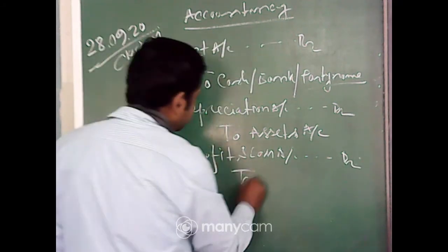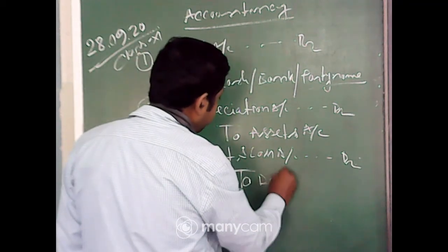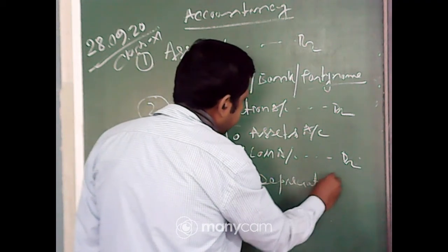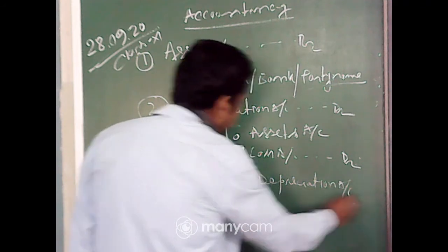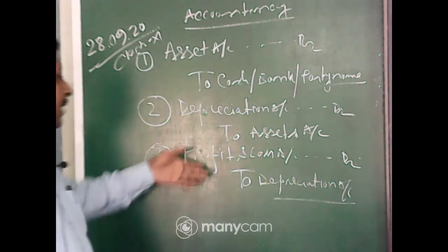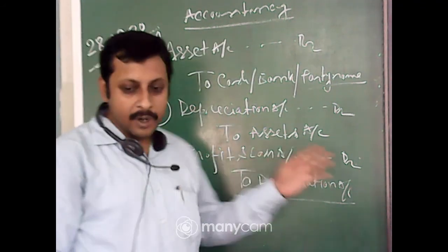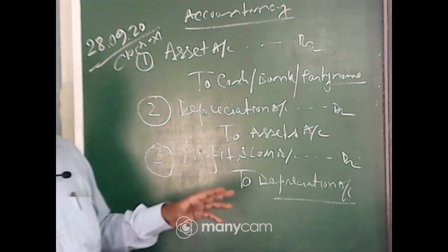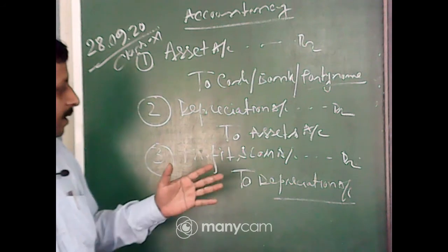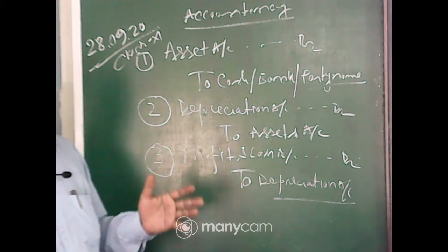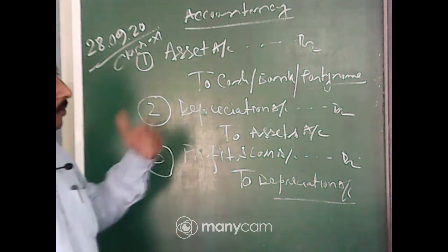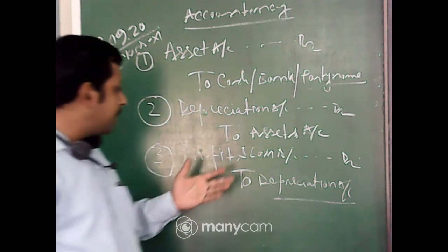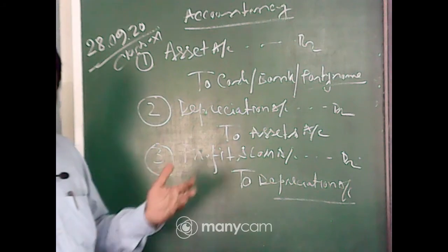To depreciation account. Okay. Profit and loss account will be debited. In the debit side of the profit and loss account, you are charging depreciation. So to depreciation in profit and loss account means you charge the non-cash expense; you just reduce the profit. The trading, profit and loss account and balance sheet are called final accounts, and in that case you will understand more.